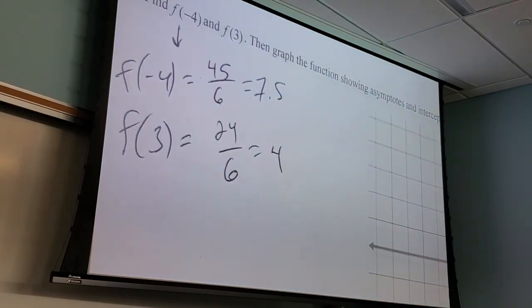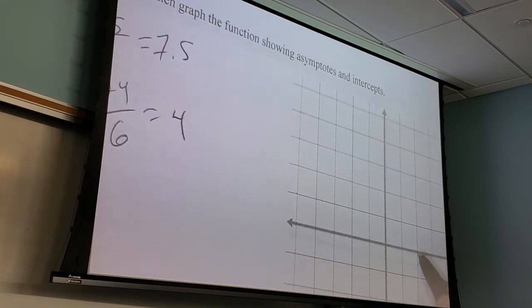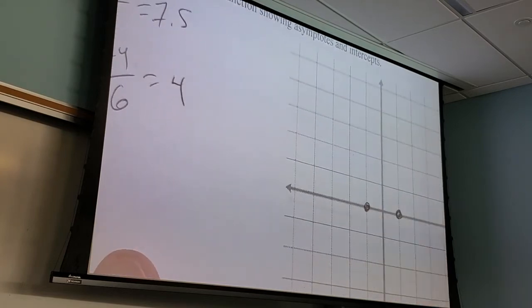That's what I get. So let's see, we got x intercepts at (1, 0) and (-1, 0).